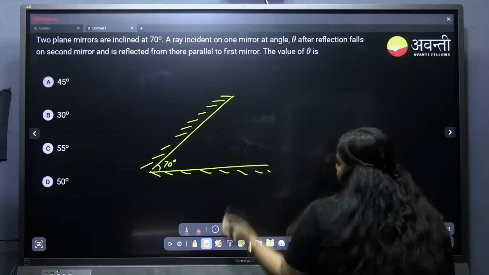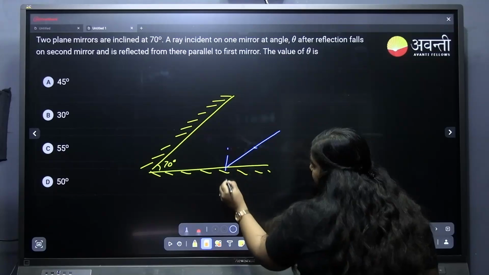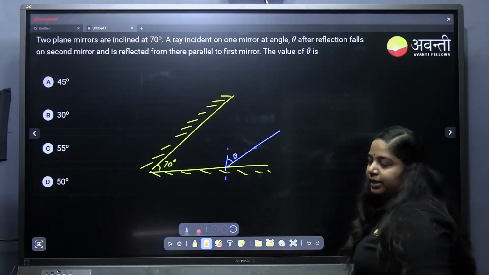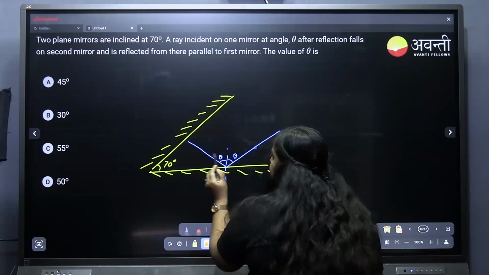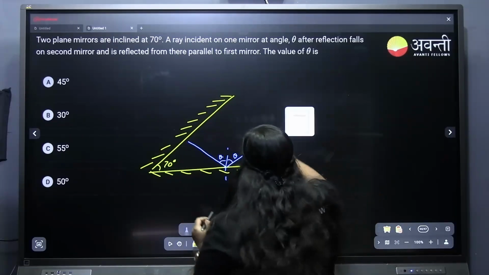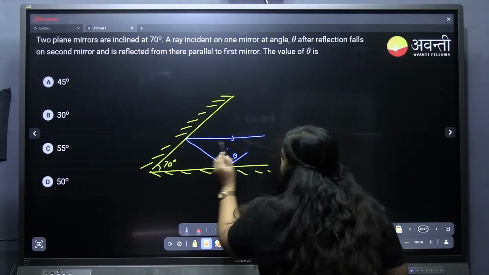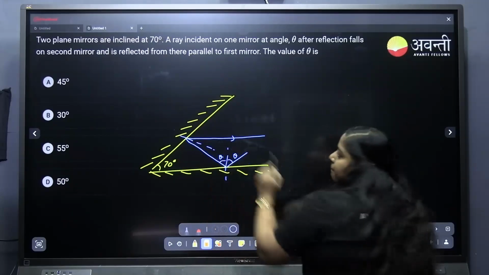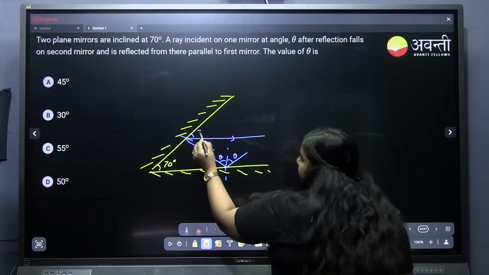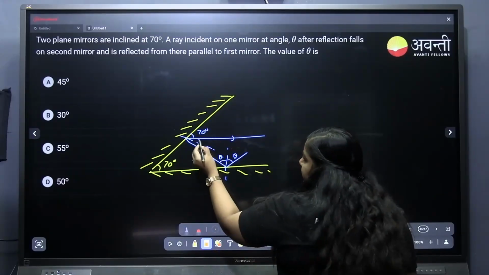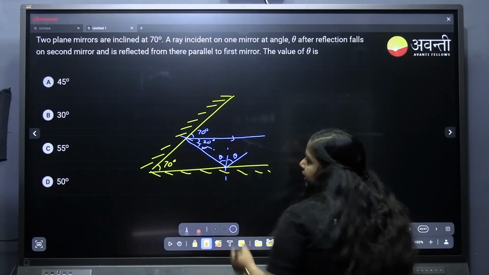Another ray is falling incident at angle theta. It is reflecting with the theta angle. Then after reflection from this, it is going parallel to this. So this angle we can say is 70 degree, which means this angle will be 20 degree.